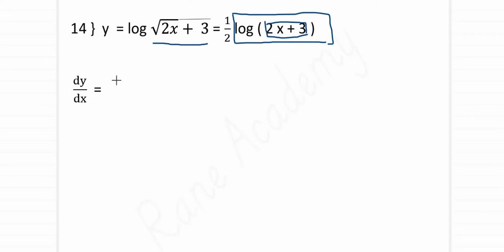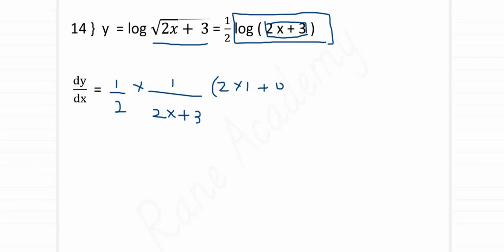So for the derivative, we write half as it is. The derivative of log x is 1 upon x. So the derivative of log of 2x plus 3 will be 1 upon 2x plus 3. And now we differentiate 2x plus 3. 2 will remain as it is, the derivative of x is 1, and 3 is a constant, so its derivative is 0.